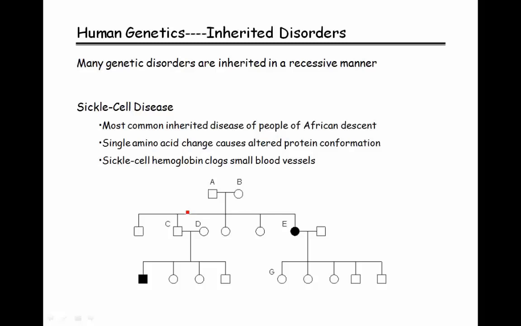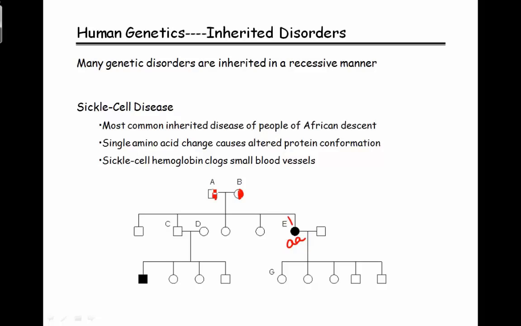It is the most common inherited disease of people of African descent. We've talked about the causes of it, but here in this picture it gives you another good look at a recessive pedigree. This individual over here has sickle cell, so they would be little a, and if they're little a, well, their parents must have both been carriers.